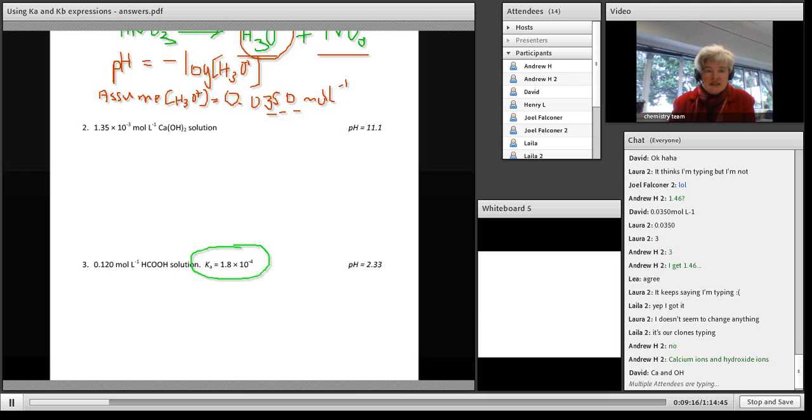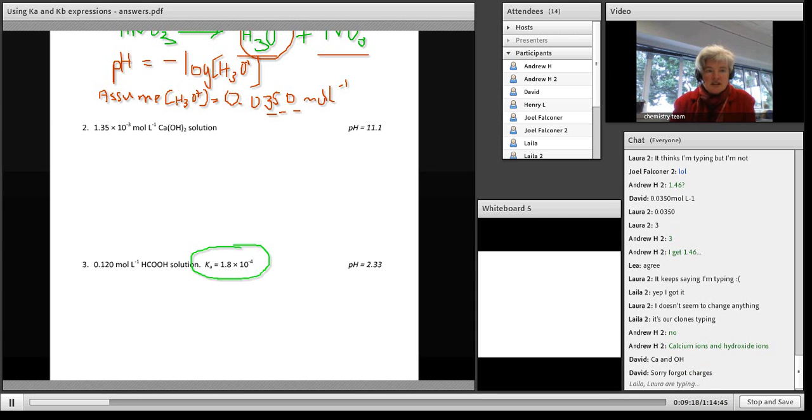So it's exactly the same as what we've done at the top. So I'll just use a different color again. We always start with the expression, with the equation. So I hope you're going to get the same. You're welcome to type the answer as well of what the equation is.